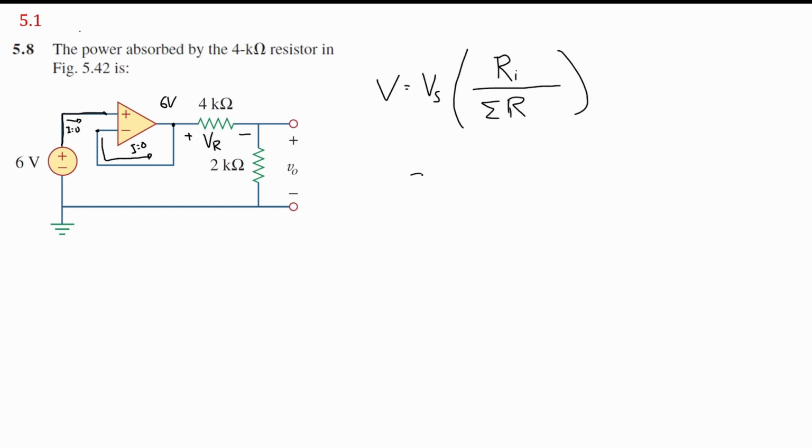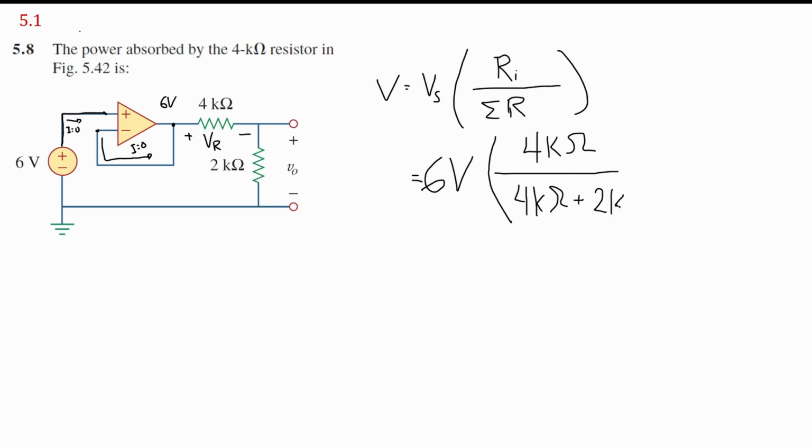So, let's apply. So, ilan yung voltage source natin? That will be 6 volts. And then, yung resistance na parallel sa voltage na hinahanap natin is 4K. So, 4K ohms over 4K, summation ng lahat ng resistance in series. So, 4K ohms plus 2K ohms. Yan.